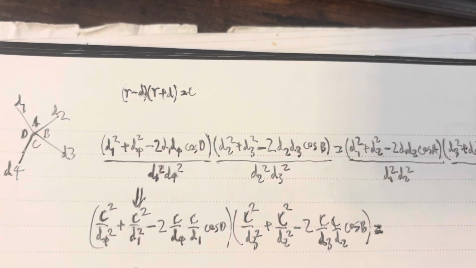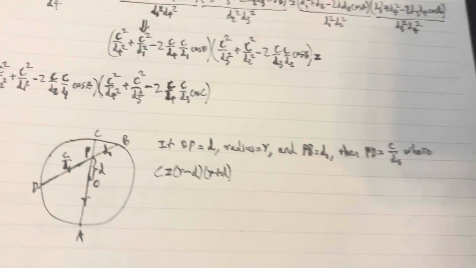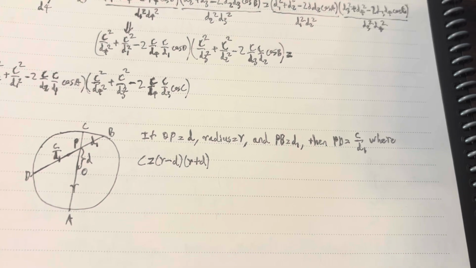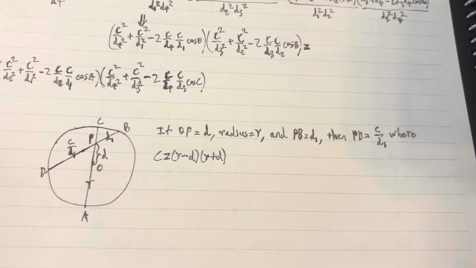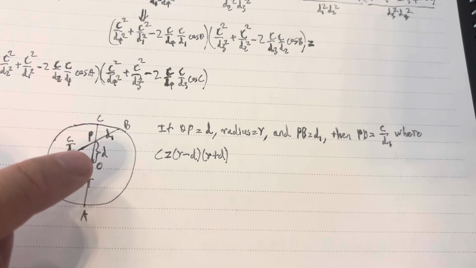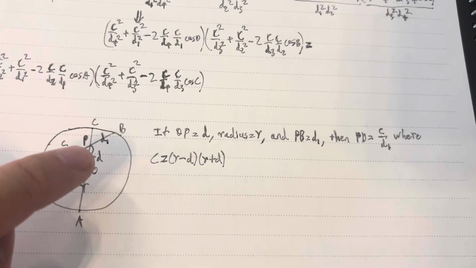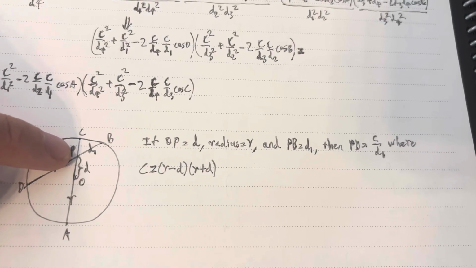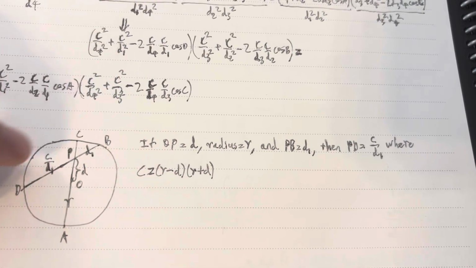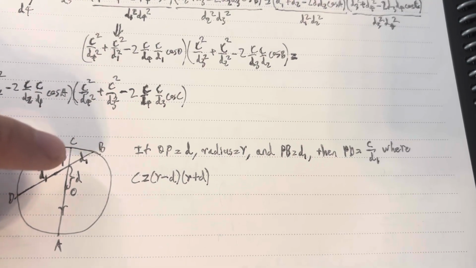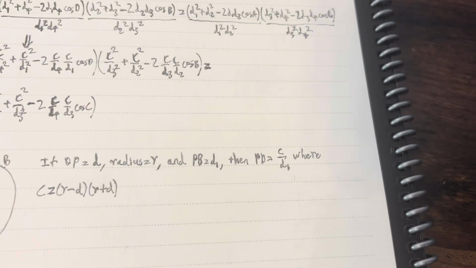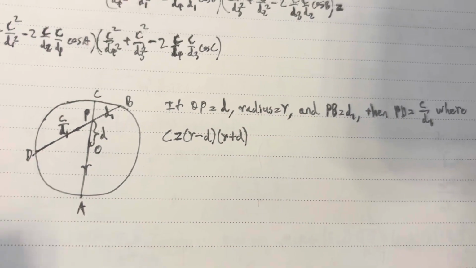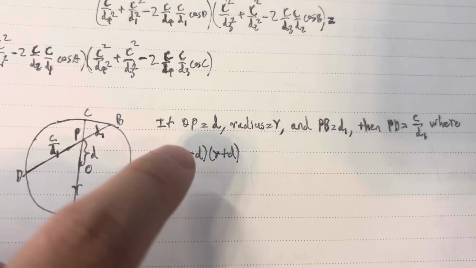C is essentially the power of the point P. For those of you who might not be familiar with the power of a point theorem, it just means that if I have any point P and a circle of radius r, and P is distance d away from the center of the circle, then if I draw any chord from P that intersects at B and D, and PB equals d1, then by the power of a point theorem, PD is going to be equal to c over d1, where c is (r plus d) times (r minus d).